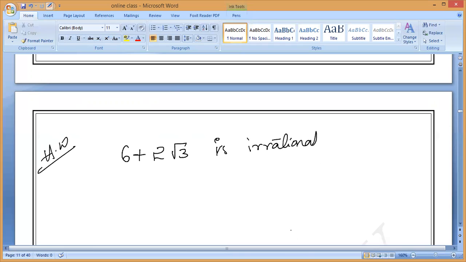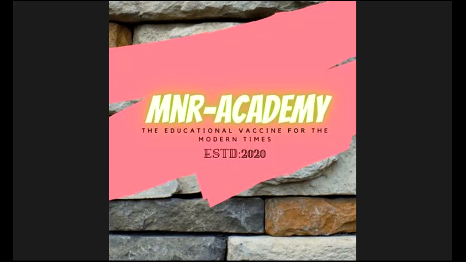All of you solve this question and send, okay? We need to find root 3 also for this question. You have to prove that it is irrational. This is for 4 marks. For more practice, you can go with R.S. Agarwal. Do you understand all of you? So this is all about today's class.